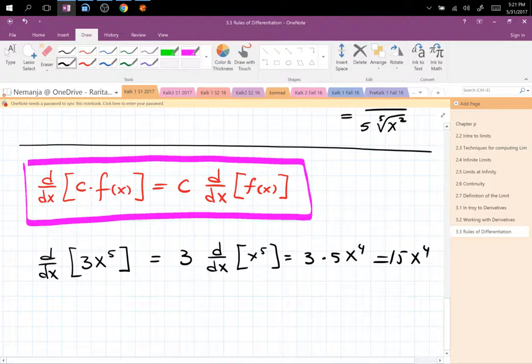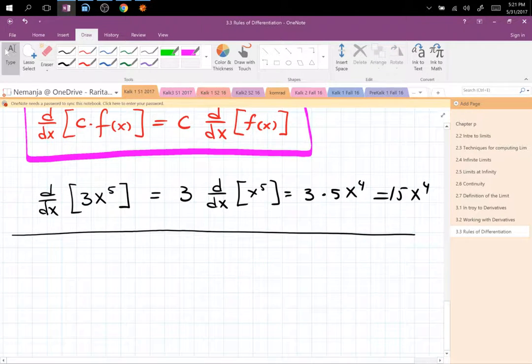The next big formula is the formula that says that addition and subtraction of these guys can also be done separately.